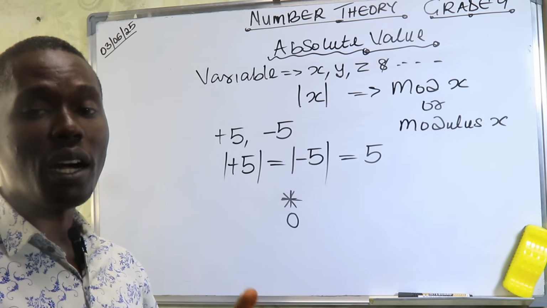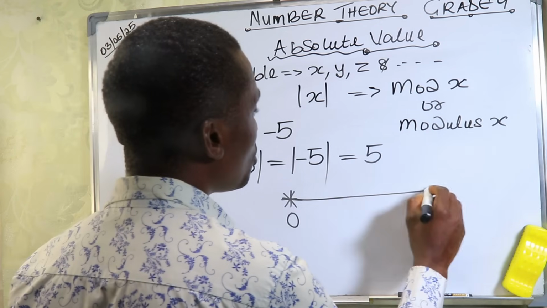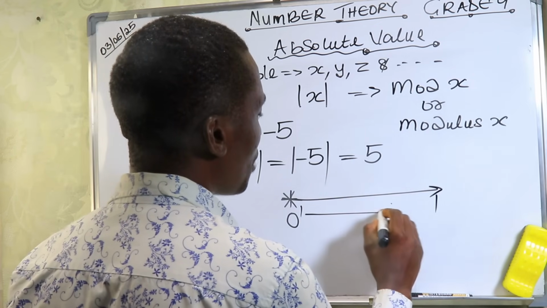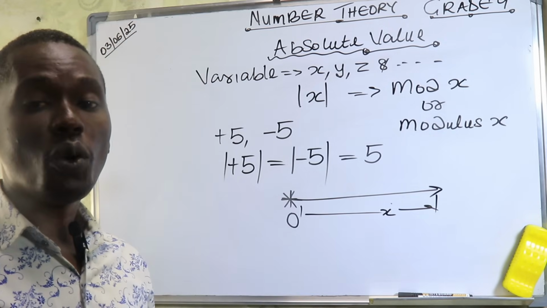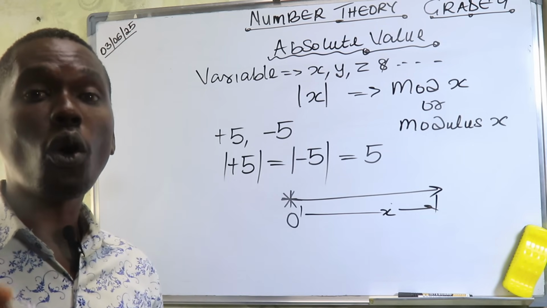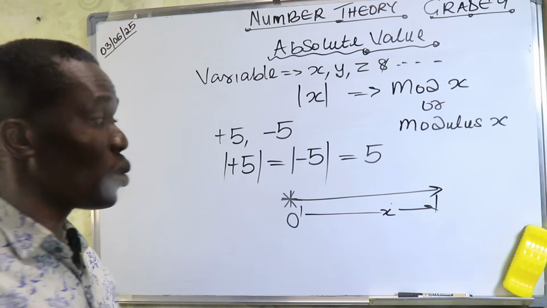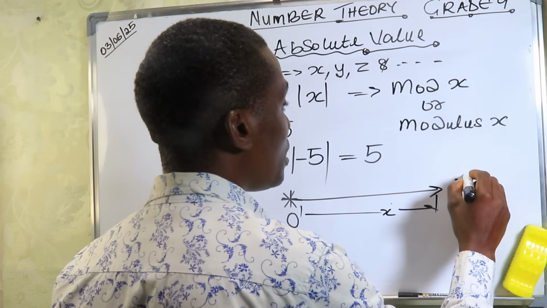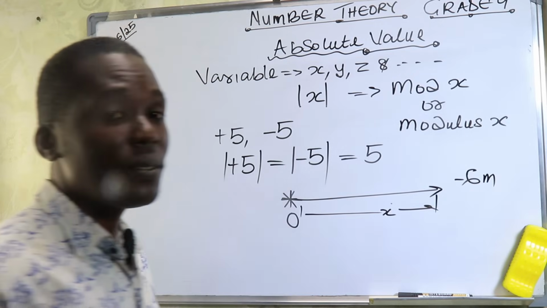So when we have an origin and the point at this origin is 0, the absolute value of any number is the distance from this origin to that point. Now we know that distance is always a non-negative quantity, because we don't have a negative value for distance. Let's say we have a distance of negative 6 meters.